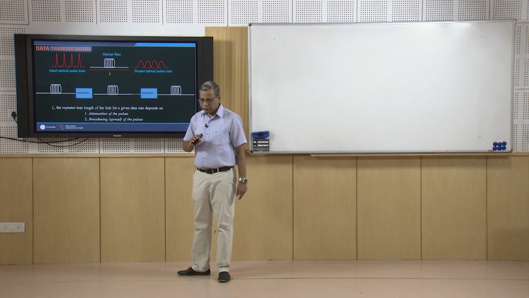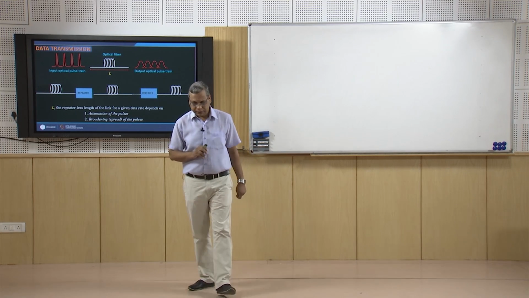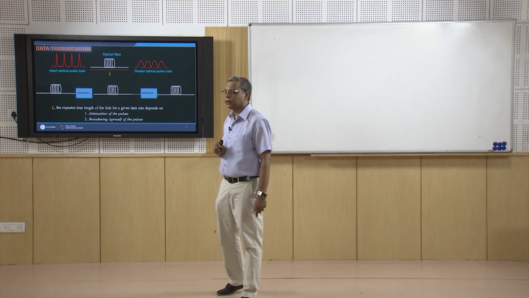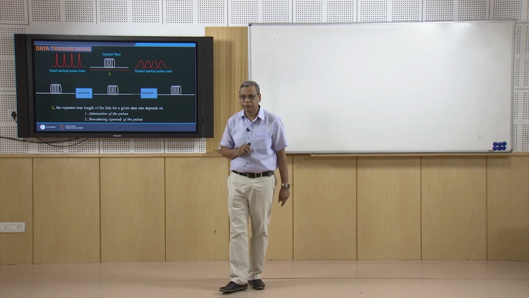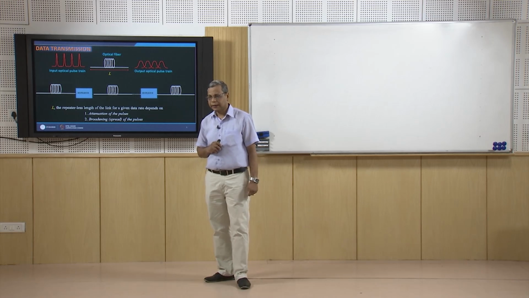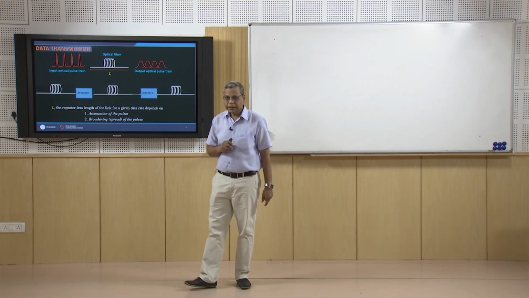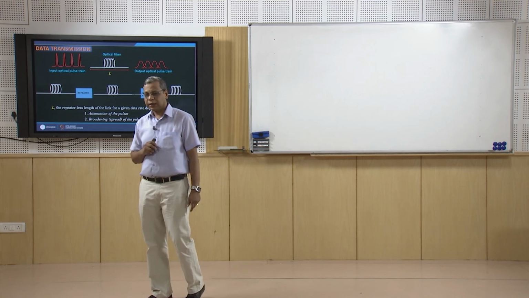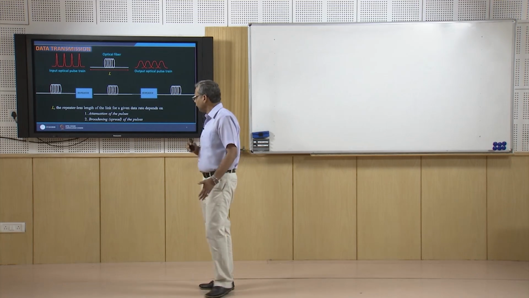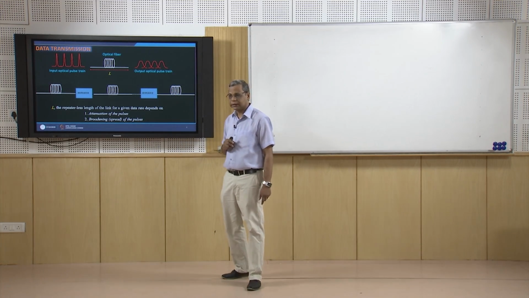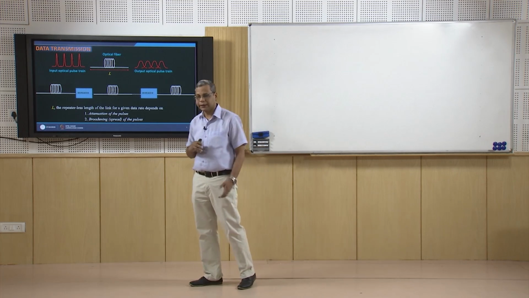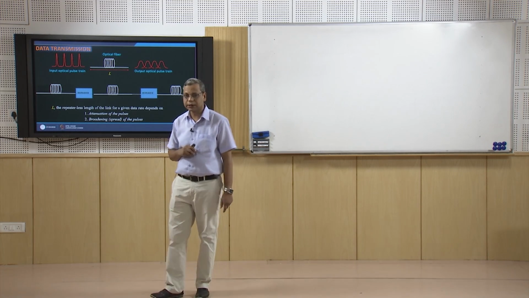Broadening of the pulse we had already seen in the last lecture, where light is coupled into various ray paths, and these ray paths take different times to reach the output end of the fiber, and this causes what is known as intermodal dispersion.